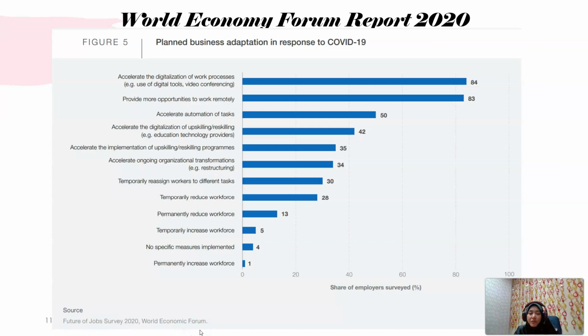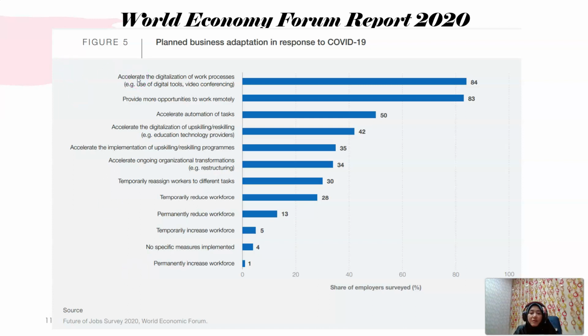I will give you the full report, so that you get some idea what is going on in the future, how about the jobs and tasks in the future, and what skills you need to have in order to survive and become an employee.